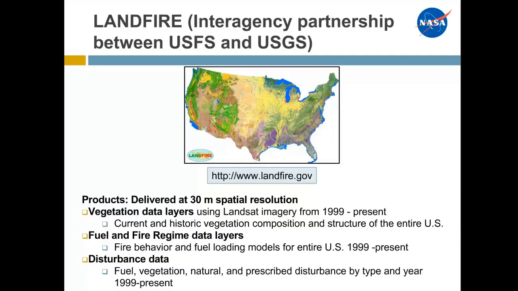Data products are organized into groups, which include disturbance, vegetation, fuel, fire regime, and topographic. Data products are delivered at a 30 meter pixel resolution for landscape scale analysis. The products are great for national and regional planning because they are updated every 2 years to reflect changes on the landscape over time. You can find these data at the website listed here.